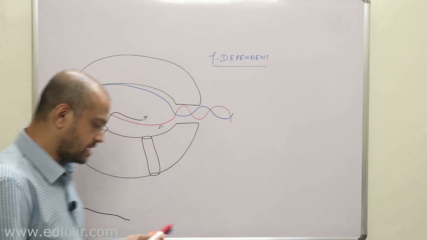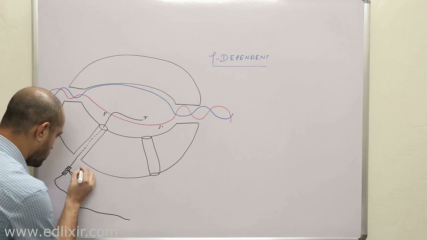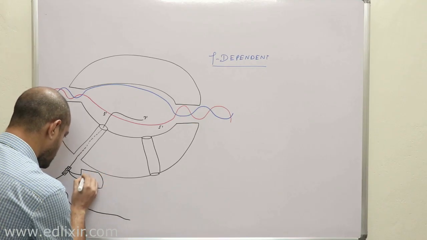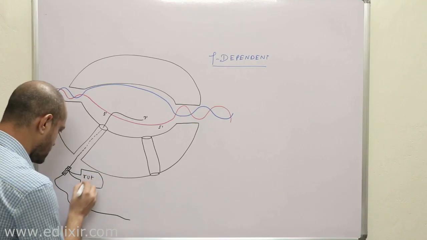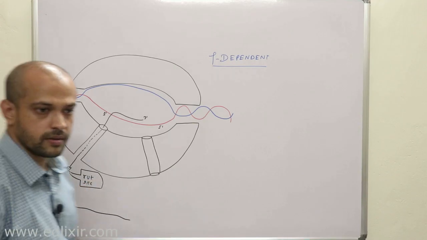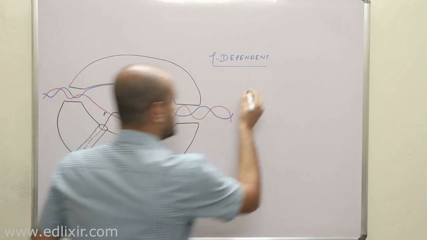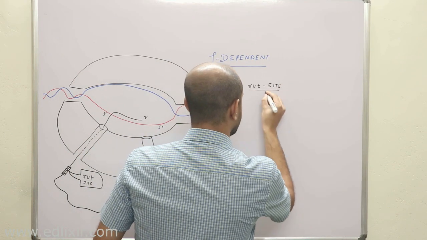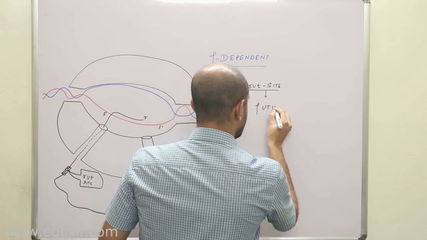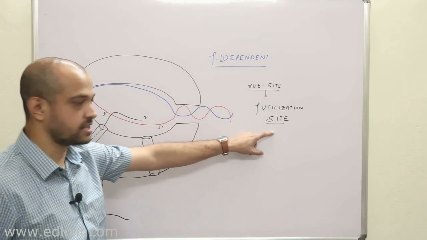This site is called the RUT site, or Rho utilization site.